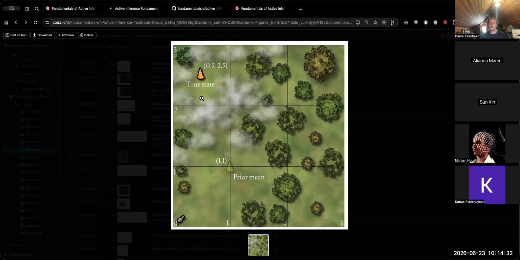So real numbers, and there's two dimensions to that real number vector. Like 0.5 comma 2.5 is the true location of the food in this example. And the M sub x 1 1 is the agent's belief, on the generative model side, on the agent side. So that's an example where both of the latent dimensions are spatial.